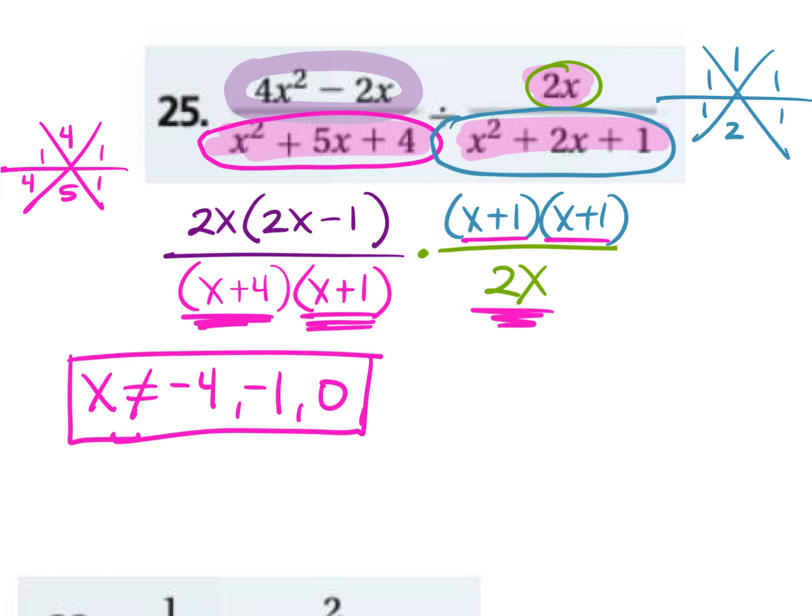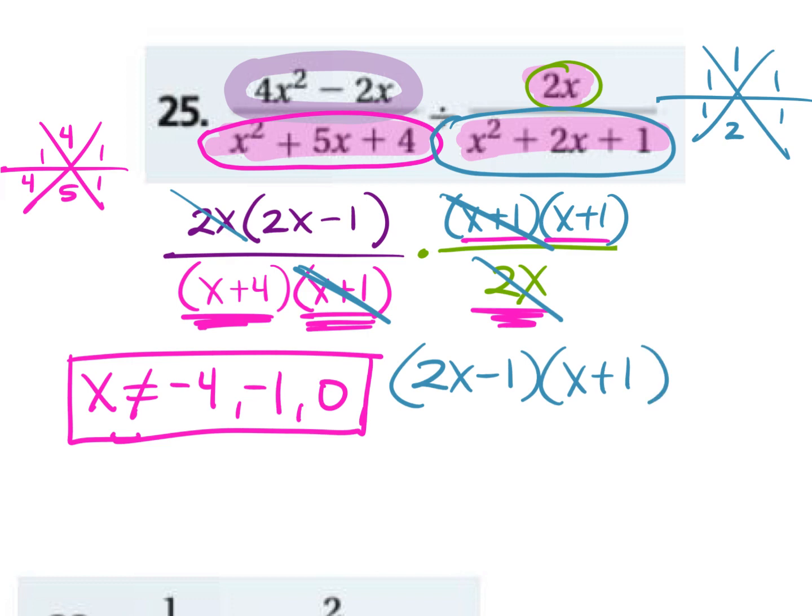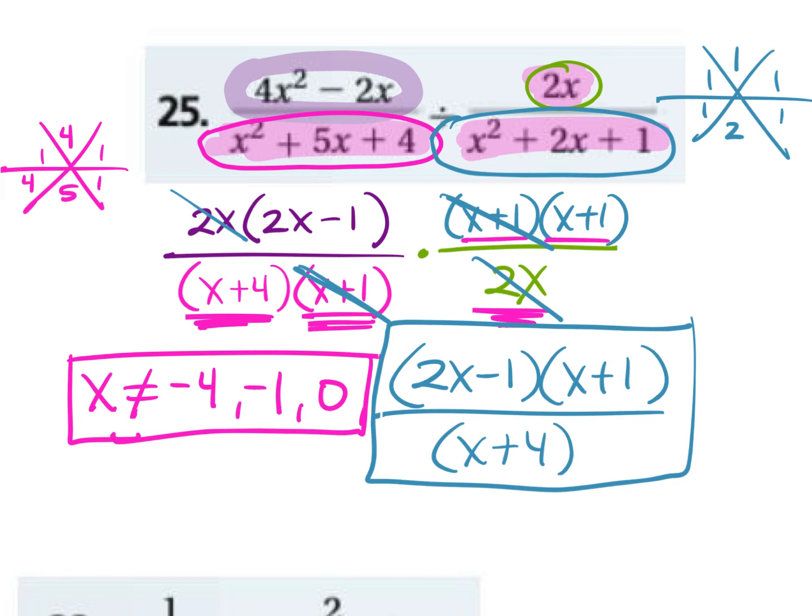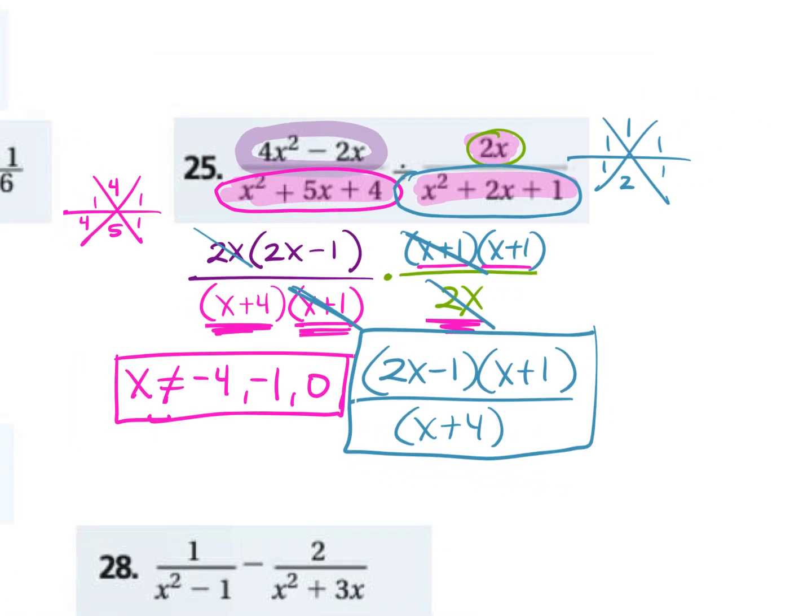So you have a 2x with a 2x, an x plus 1 with an x plus 1. So you have 2x minus 1 times x plus 1 over x plus 4. Okay. Questions on that? So division, flip it over and multiply. Okay.